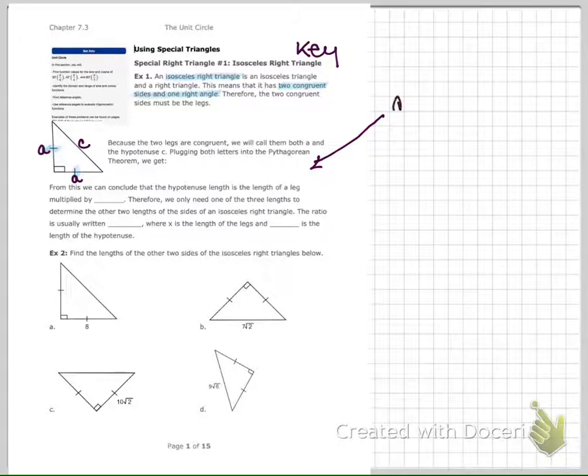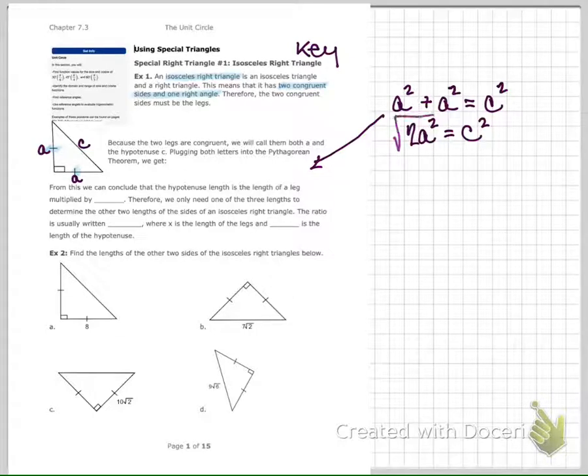So Pythagorean theorem says we can square the lengths of the legs and add those together. We get the square of the hypotenuse. 1a squared plus 1a squared gives us 2a squared. That equals c squared. In order to solve for c, because we don't want c squared, we just want c, we are going to square root both sides.